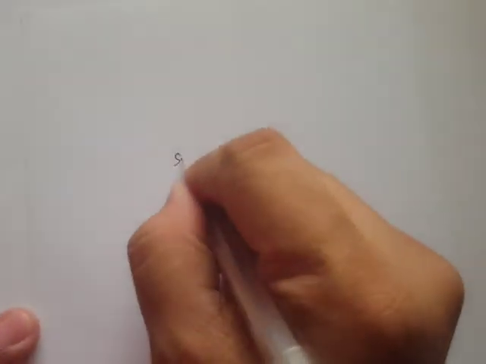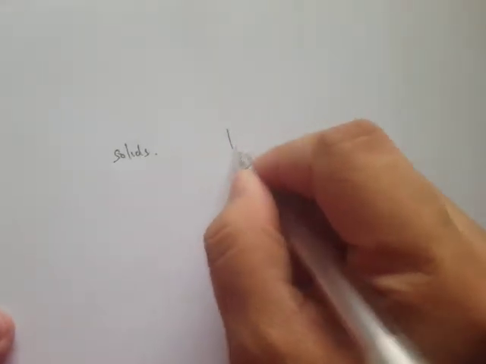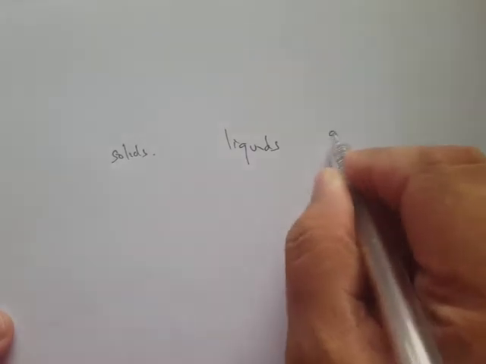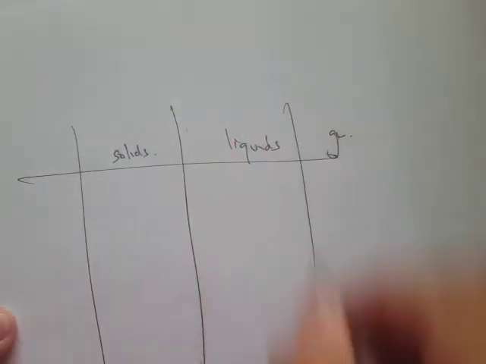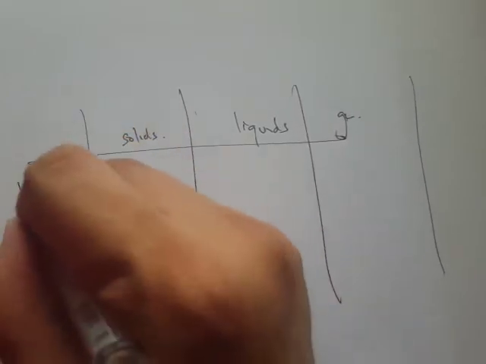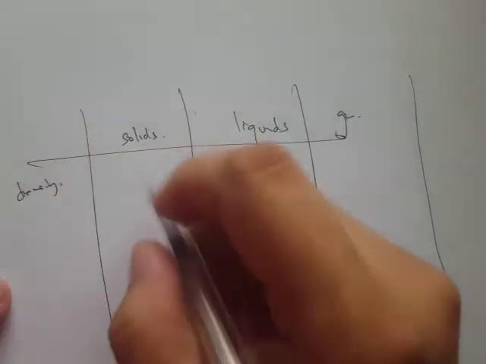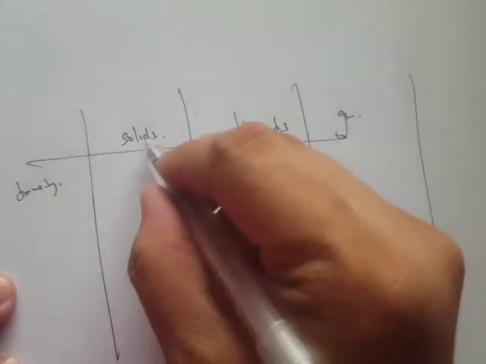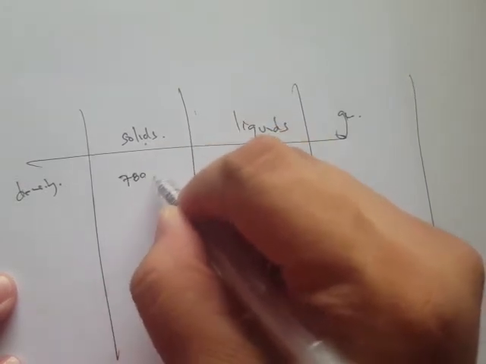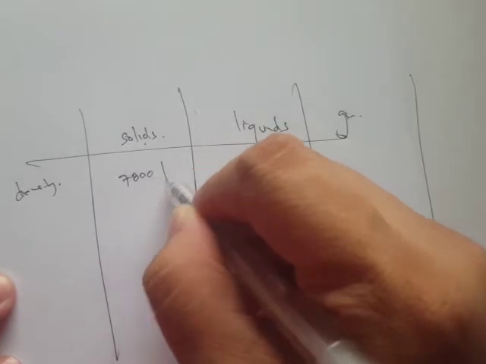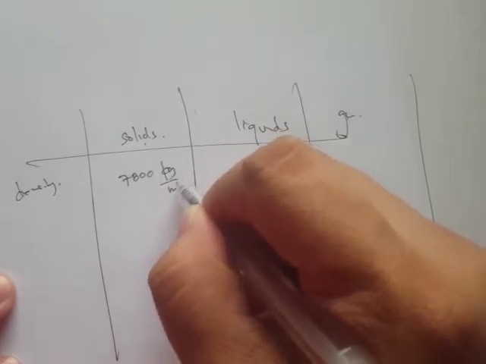If we have solids, liquids, and gas, in terms of the properties, for example, the density, for the density, an example of steel is around 7,800 kilogram per meter cube.